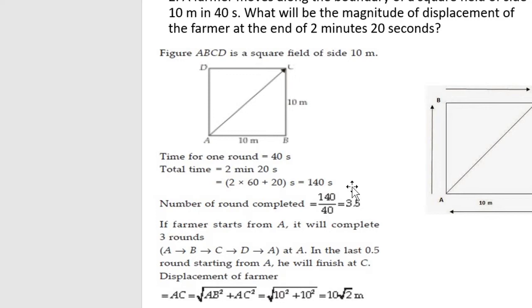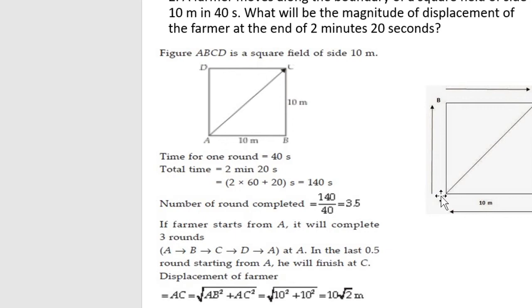So how many rounds will he take in those 140 seconds? One round in 40 seconds, so how many rounds in 140 seconds? It will be 140 divided by 40, which will give you 3.5 turns. He will take 3.5 turns.